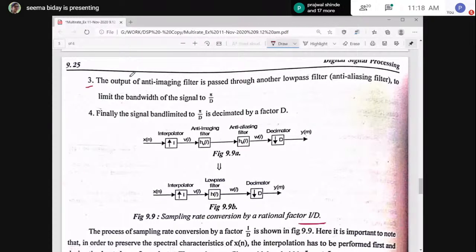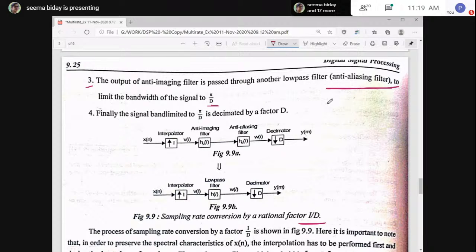Now what is the next step? The output of the anti-imaging filter is passed through another low pass filter, which is called the anti-aliasing filter. This anti-aliasing filter is always associated with a decimator, so keep this in mind.